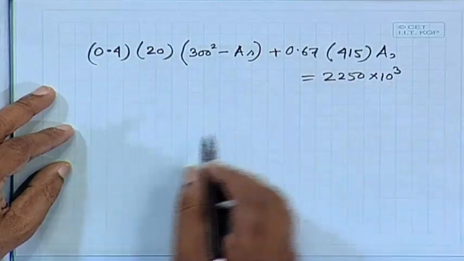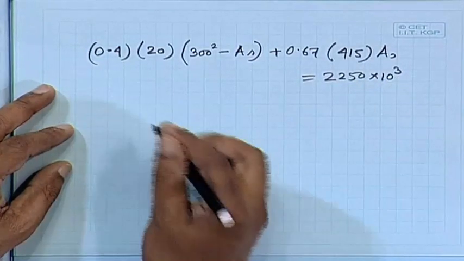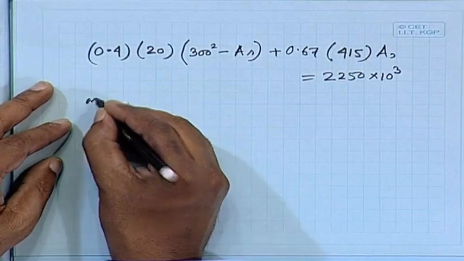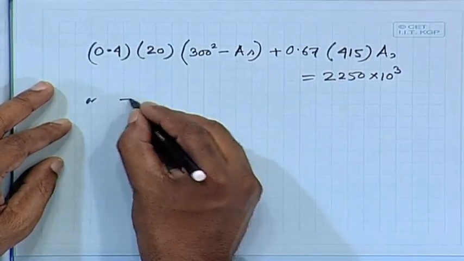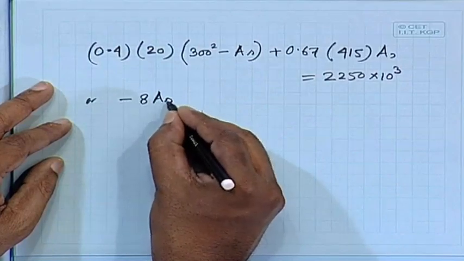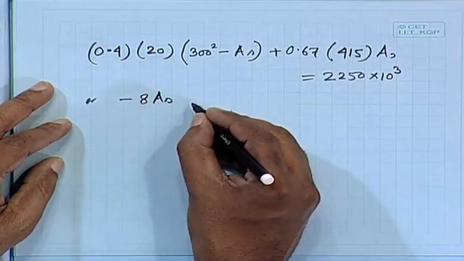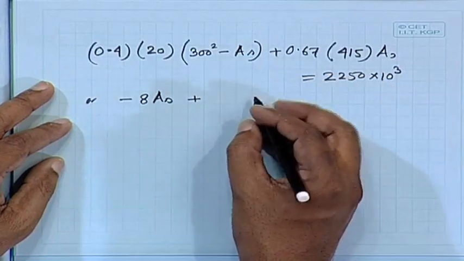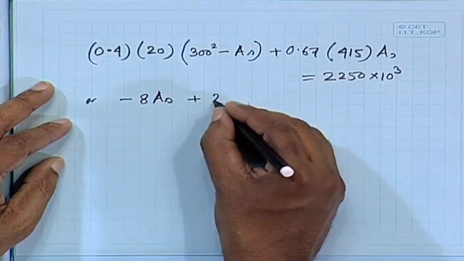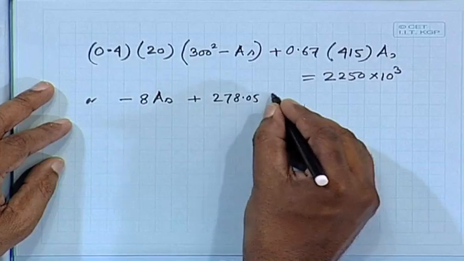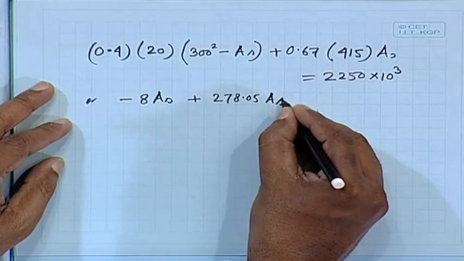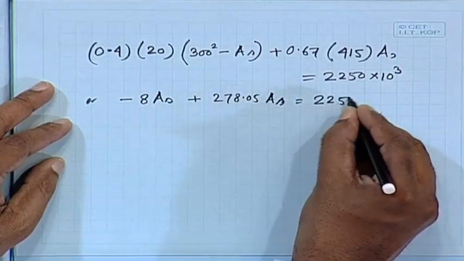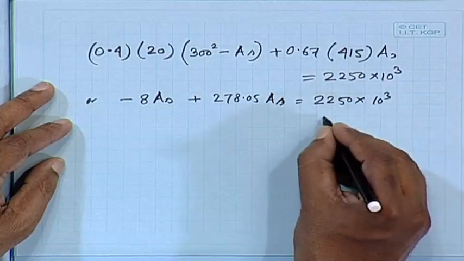Let us take everything in Newton. So, we get 8 times 300 square minus 8 As, plus 278.05 As, equal to 2250 into 10 to the power 3.